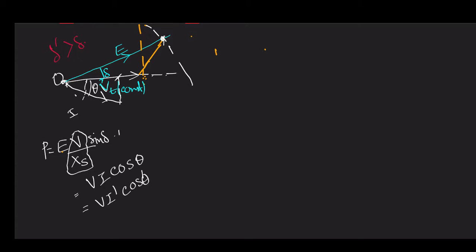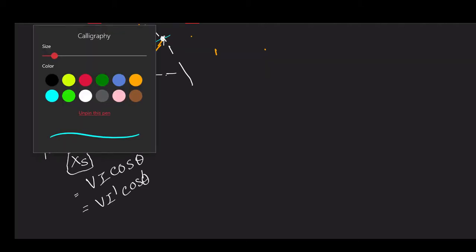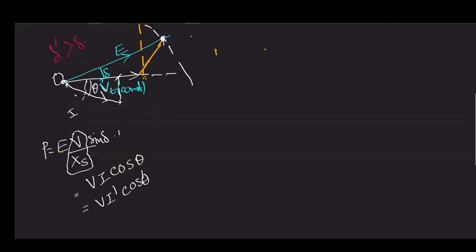One is for constant E, and another arc will be there from this point, because this point is also constant with respect to O, since V's magnitude is constant.